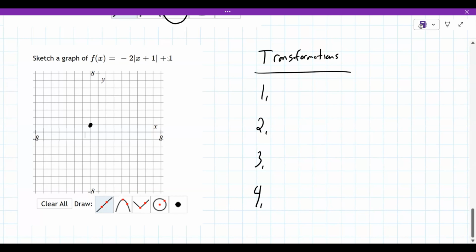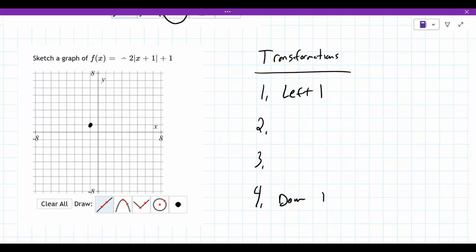So one of the things that does help is to write the transformation. So the first one is from inside here, which is left 1. And then the order doesn't matter. A lot of students say like the vertex +1 is down 1. That's actually the last thing that you do. Then there's this negative and it's 2 out in front, and you correctly identified as in the previous problem.